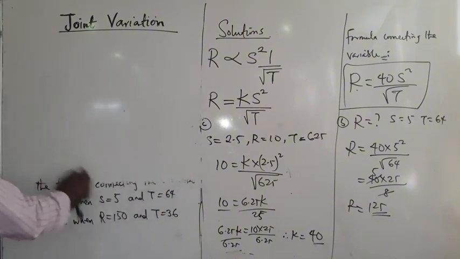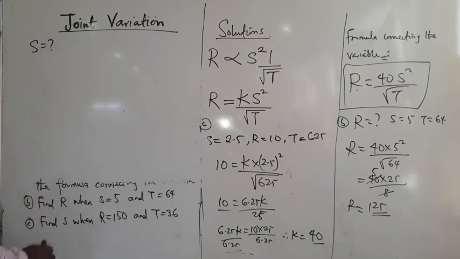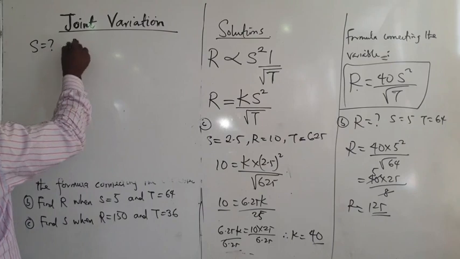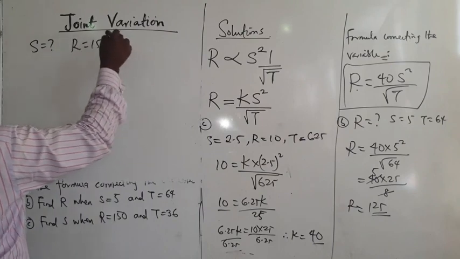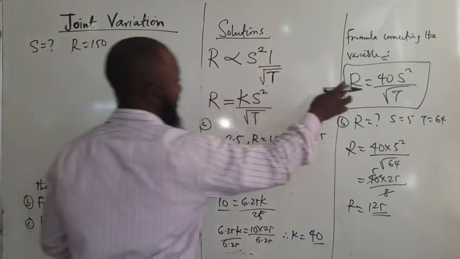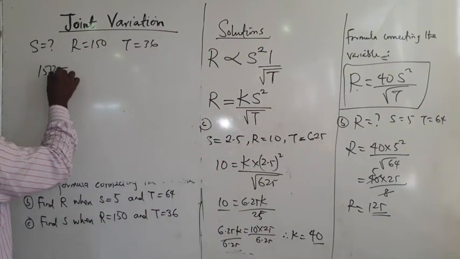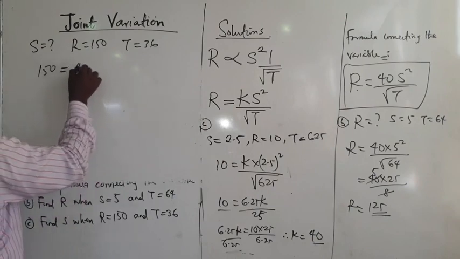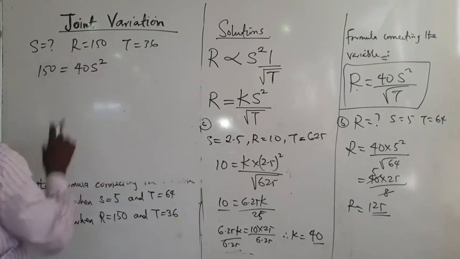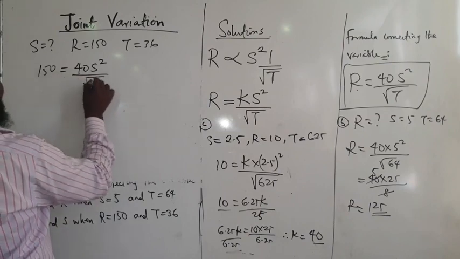Find s. So we're looking for s, when r is 150 and t is 36. So we still make use of this. That will be r, which is 150, equals 40 multiplied by s squared, where s is what we're looking for, over the square root of 36.